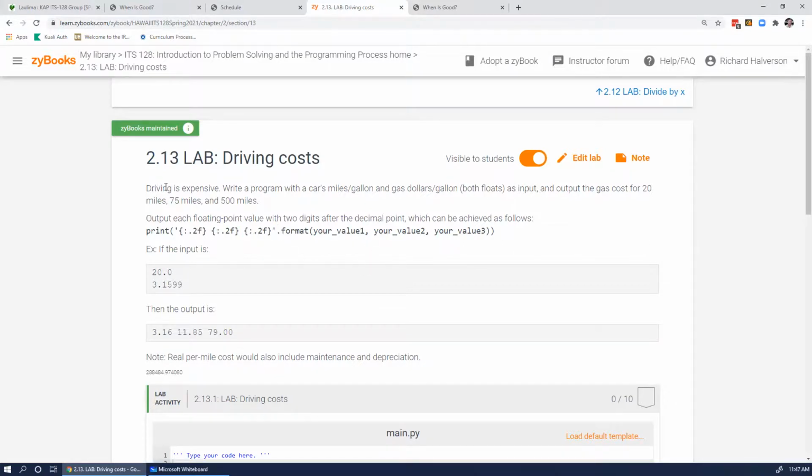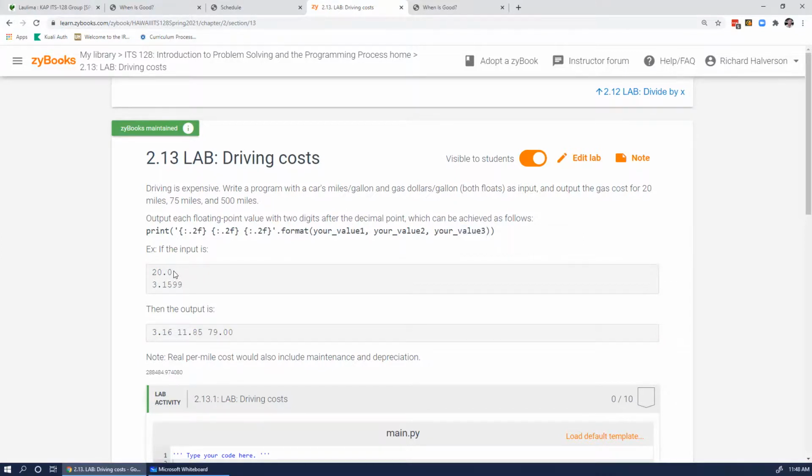So anyway, driving is expensive. Write a program with the car's miles per gallon and dollars per gallon as input, and output the gas cost for 20 miles, 75 miles, and 500 miles. Okay, so this must be 20, 75, and 500.